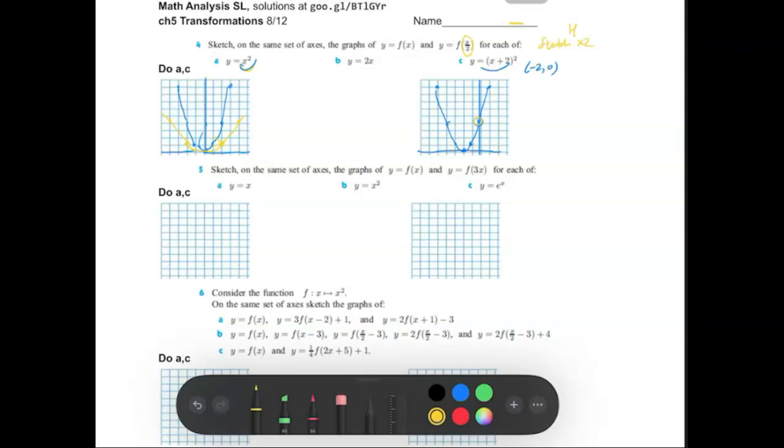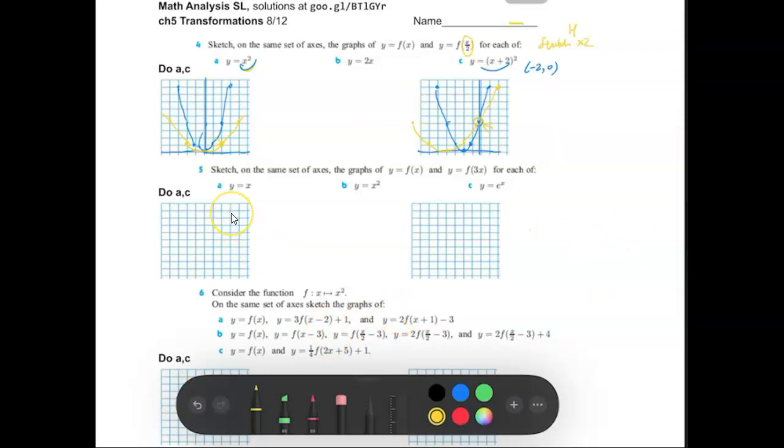All the other points are going to move to be twice as far away as the original point. 1, 2, 3, 4. So this is going to be 8 units away. Okay, like that. So do you see the point that doesn't move is the one on the y-axis? All right.